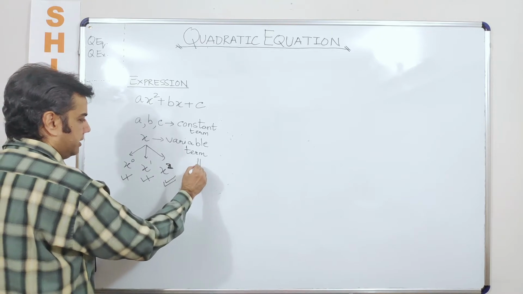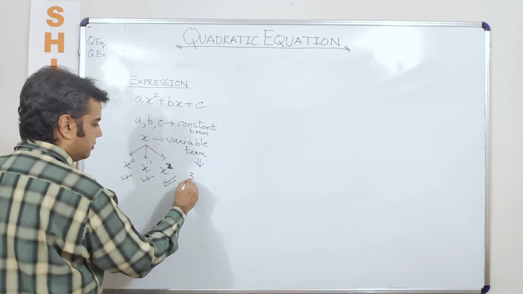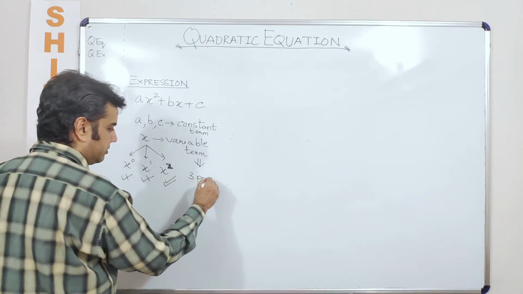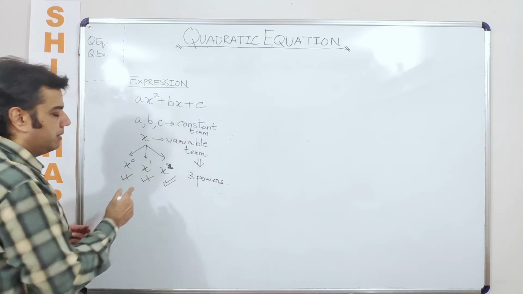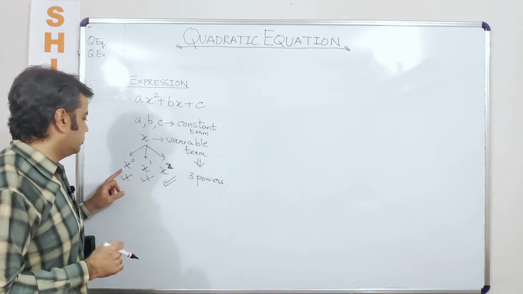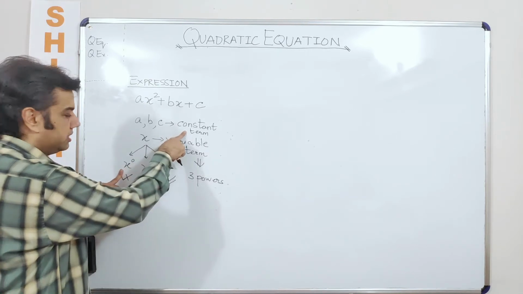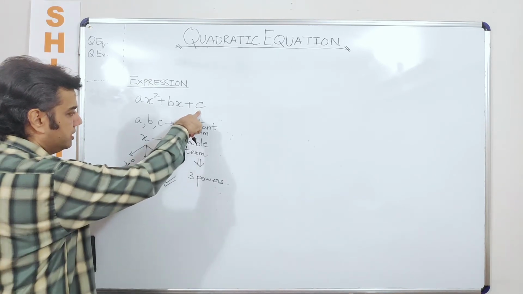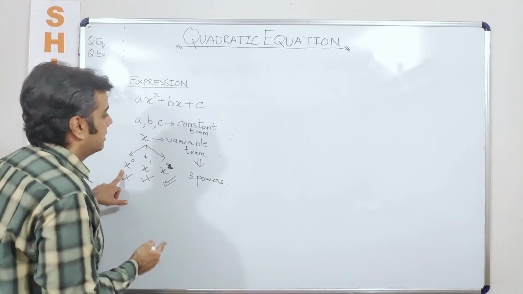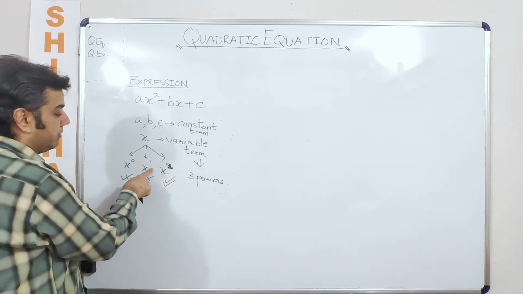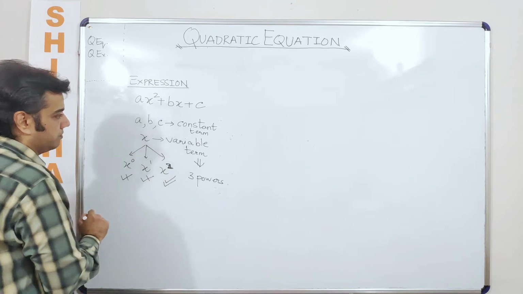So when I say variable term, how many powers of variable terms are used? A single variable, 3 powers. And those 3 powers I have already discussed here are X to the power 0. Now when I say X to the power 0, I am basically talking about the constant terms only. Let's say here C is the constant term. Okay. Then X to the power 1 and then X to the power 2.